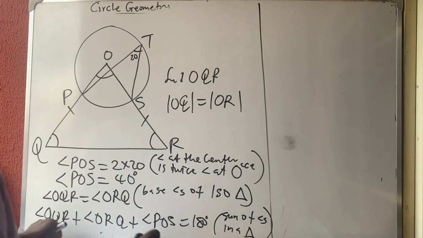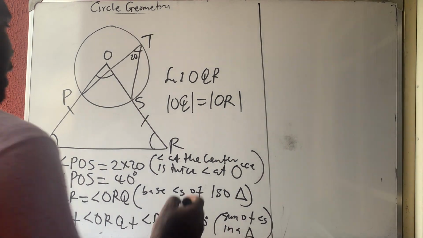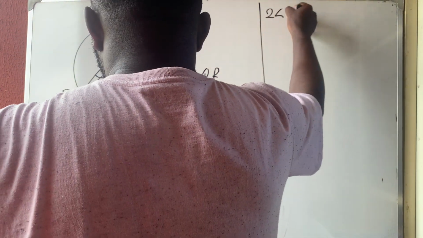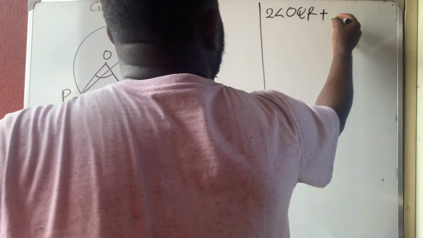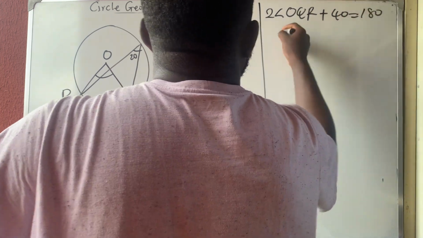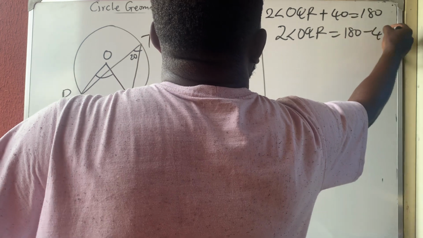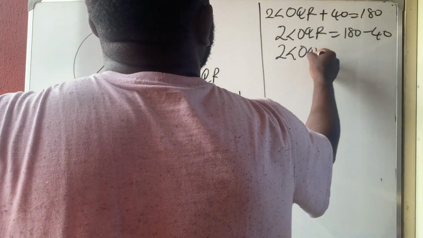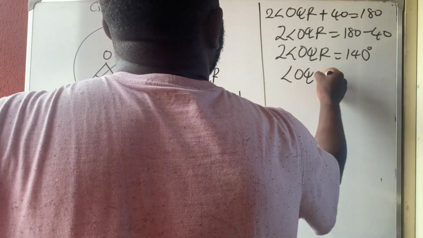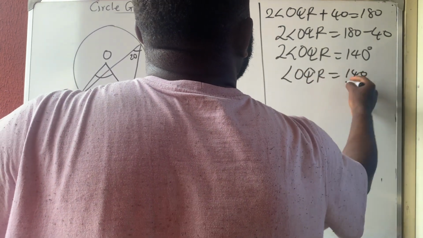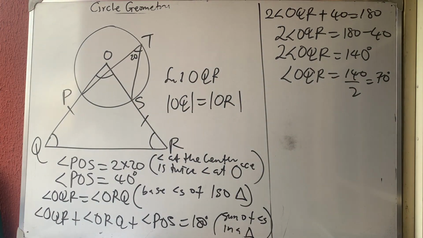Since these two are equal, I can use one to replace the other. So 2 angle OQR plus POS, which we got as 40, is equal to 180. Therefore 2 angle OQR is equal to 180 minus 40, so 2 angle OQR is equal to 140 degrees. So angle OQR is equal to 140 divided by 2, which is 70 degrees.